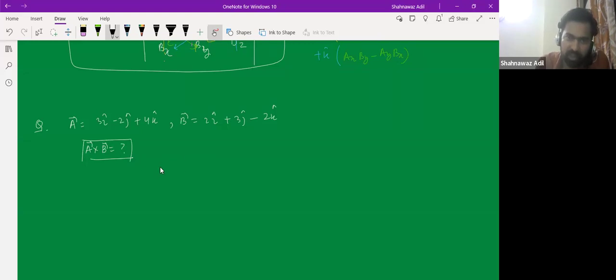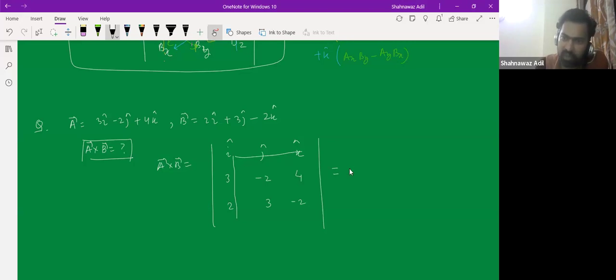A cross B would be the determinant with I, J, K in the first row, then 3, minus 2, 4, and then 2, 3, minus 2. First I ignore this row and column, so I write I hat, and multiply minus 2 into minus 2 minus 4 into 3. Clear?